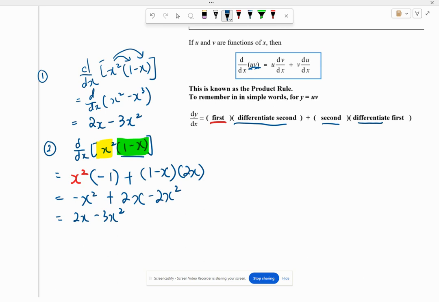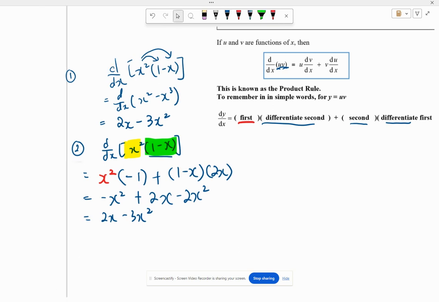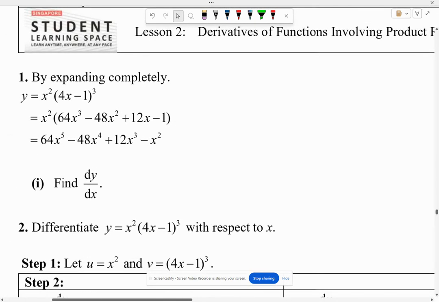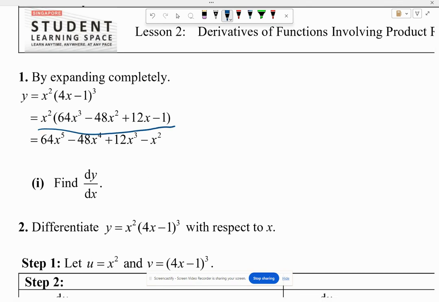So why do we want to apply product rule when we can also get the same answer when we expand? So let's look at this. Isn't this expansion tedious? Let's say the power is very high, or even larger, the power is at power 5, power 6.